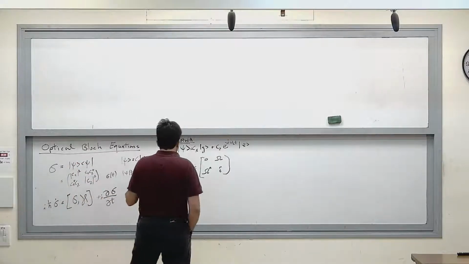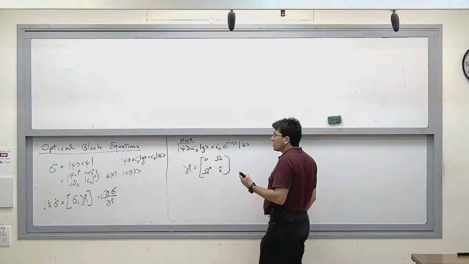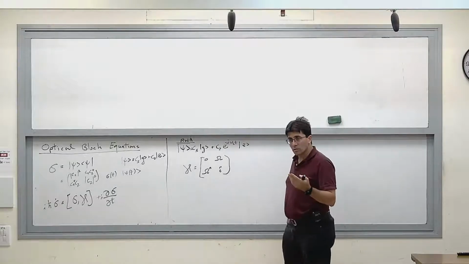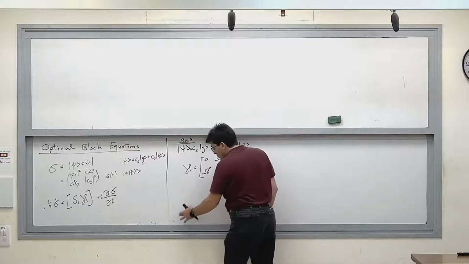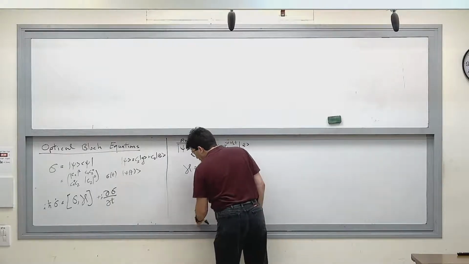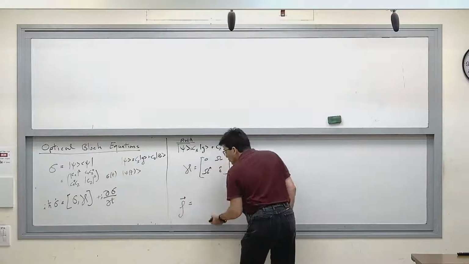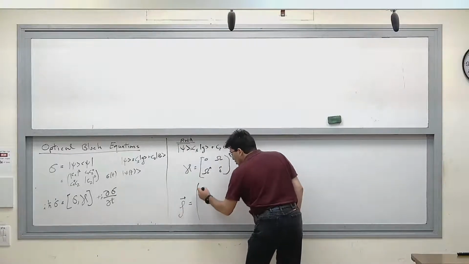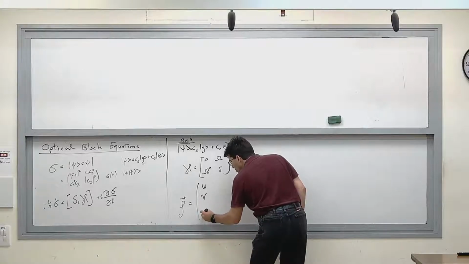With this definition we can write the equations. But as I showed you last time, we can define a fictitious state vector, which we called the Bloch vector, which is u, v, and w.